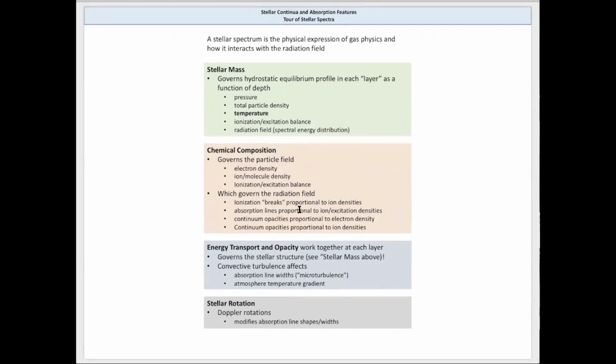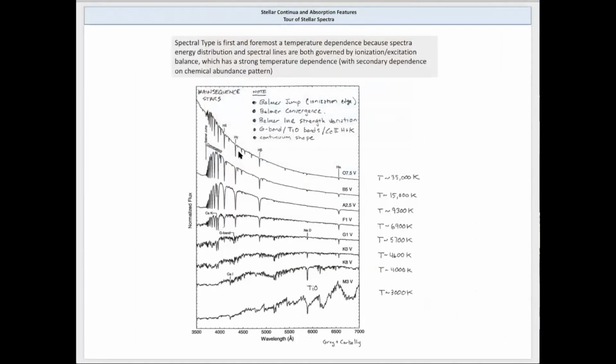Obviously, the absorption line strengths are proportional to the ionization and excitation, as we just described up here. The continuum opacities, some of those are proportional to the electron density. So when we come back and look at these spectra, the shape of the spectra, whether it has this shape where it is very blue and curving in this concavity toward the red, or whether it is flattened like this, or more flattened like the G stars, what causes those shapes to be different?